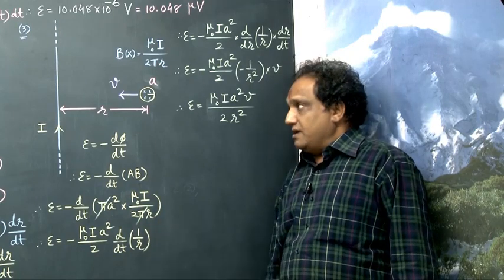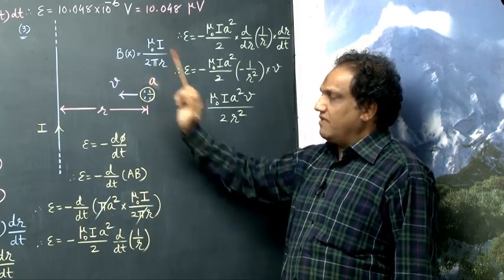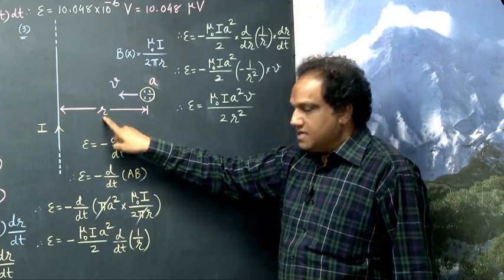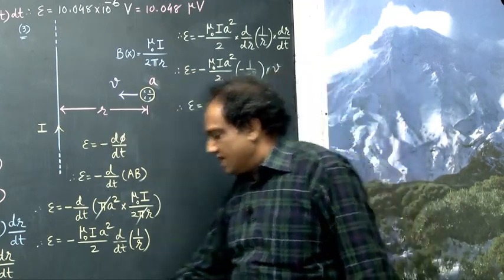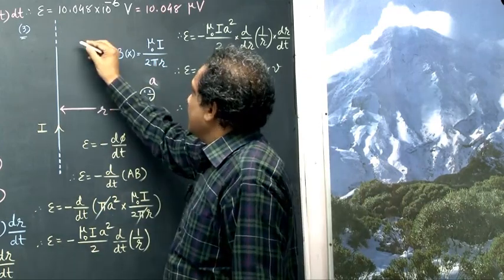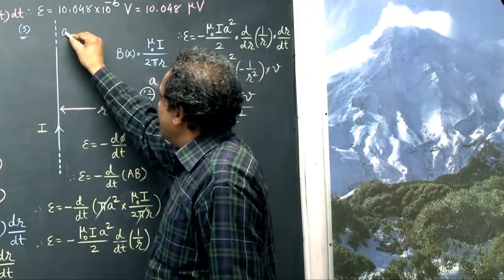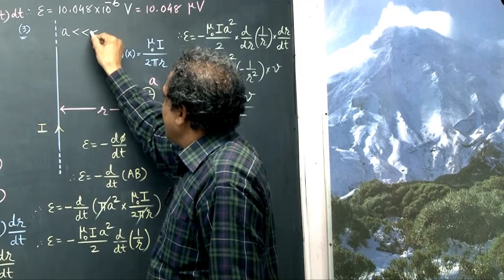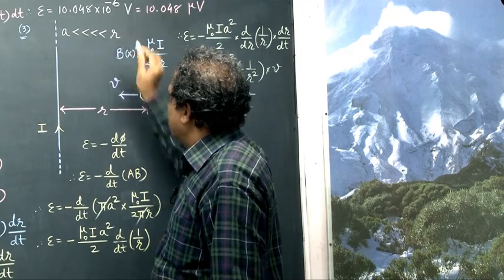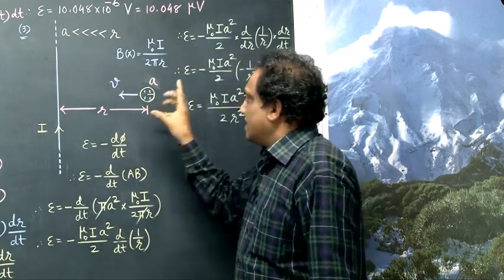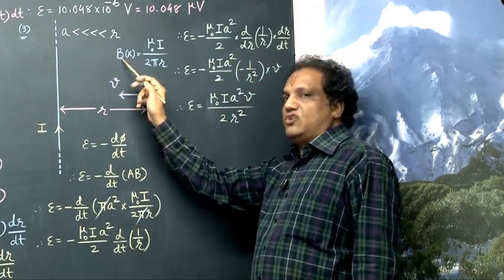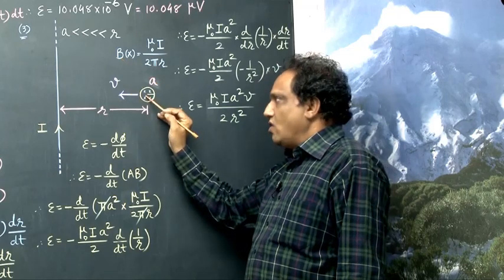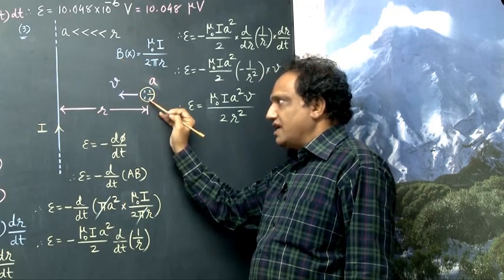And what about value of B? Actually this is the value of B at distance r. But this ring is very small. You are given in the statement that a is very much smaller than r. Because this radius is very small, you can say almost same intensity of magnetic field you will have at all the points on the cross section of this ring.